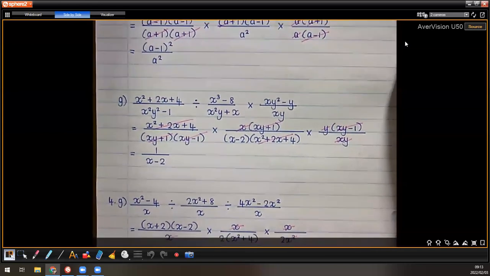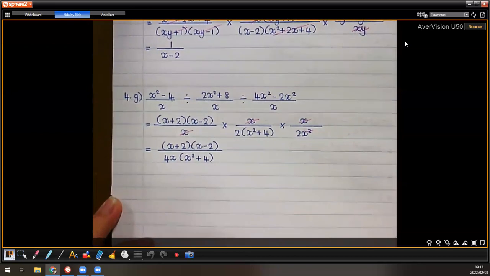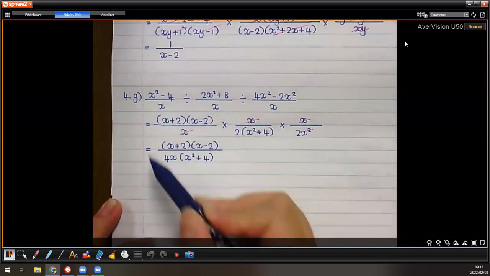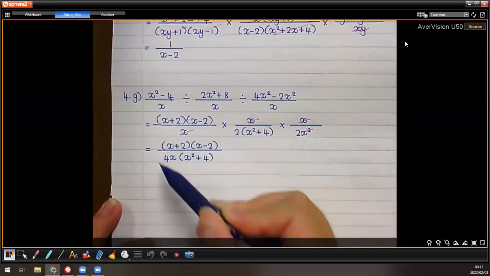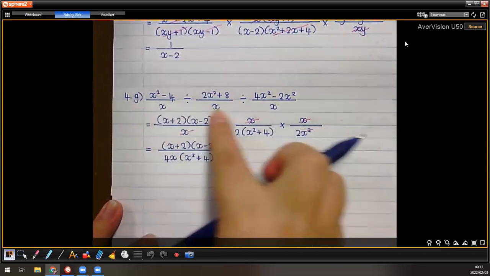Then in G, I actually think there was maybe a mistake in the question because the answer didn't match up with the answer at the back of the book. Did anyone get this as well? Okay, let's just check that I got it down correctly.